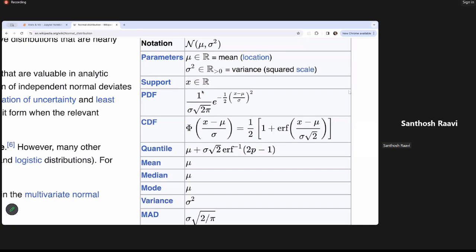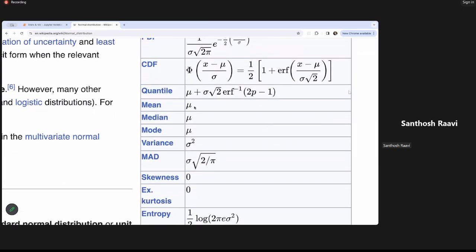This is the formula for the normal distribution, or Gaussian normal distribution, or simply normal distribution. Whatever the data points are, you apply them on this and you will get the normal distribution. That's it.